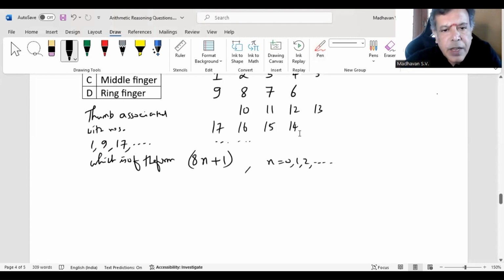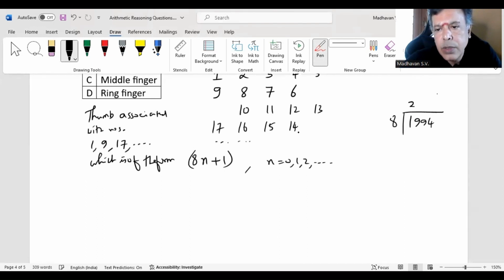Now if we consider 1994, let us try and divide 1994. 8 2s are 16, 39, 8 4s are 32, 74, 8 9s are 72, remainder is 2.